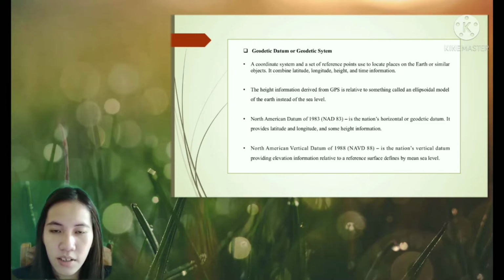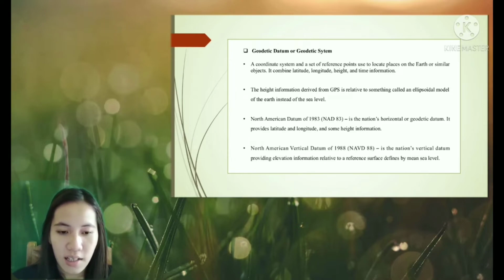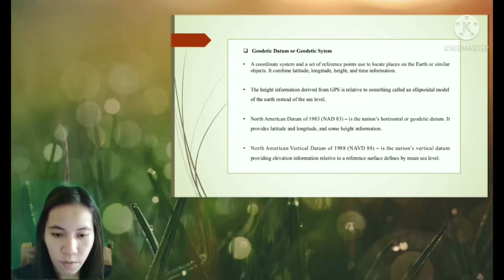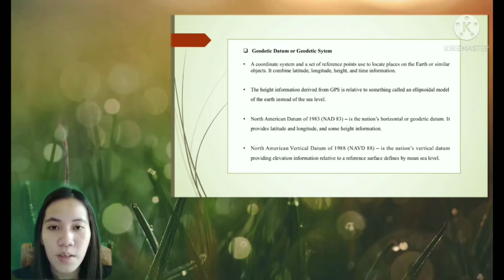The next is the North American Vertical Datum of 1988 or NAVD 88. It's the nation's vertical datum providing elevation information relative to the reference surface defined by mean sea level. So, the North American Vertical Datum is not just used to give locations of places on the Earth.